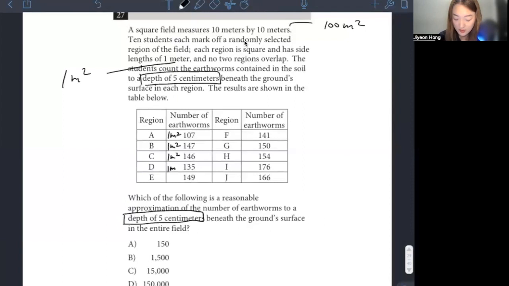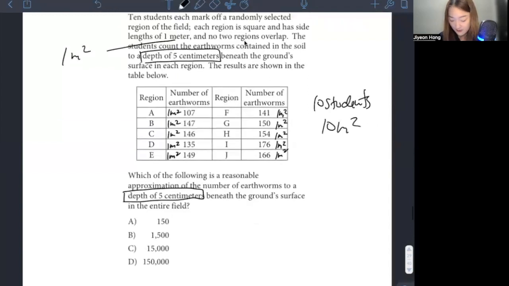So I'm going to approximate this, and I can conclude that collectively the 10 students covered a surface area of 10 meters squared, and the number of earthworms that they collected is approximately 1,500 worms.